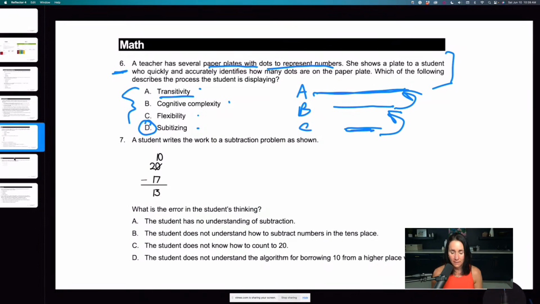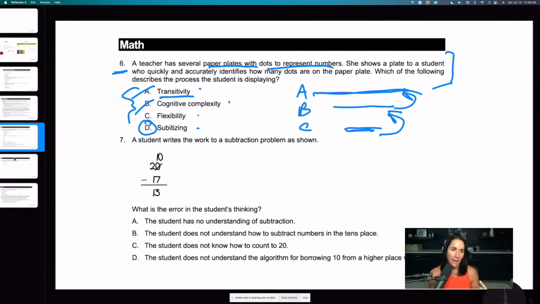Cognitive complexity, and I'm going to cross that out. Cognitive complexity is just making things more difficult or at a higher level of thinking. And that's not really what's going on here. This is a subitizing activity, so I'm going to cross that off. And flexibility is solving problems in different ways, right? So you may have fractions, and you may have taught students how to get to a common denominator.